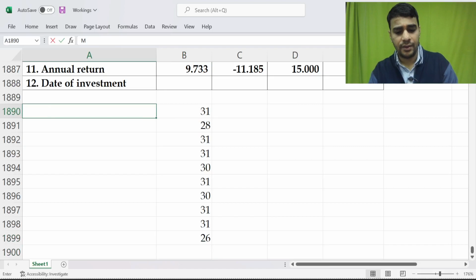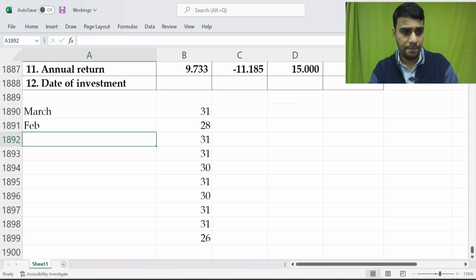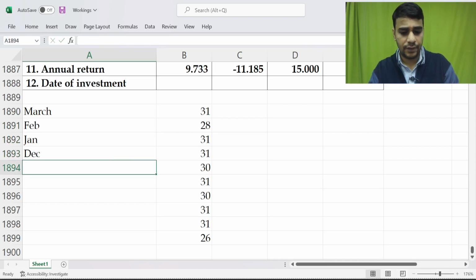This is the reverse order: March, Feb, Jan, December. You'll have to do this calculation, you're left with no choice.